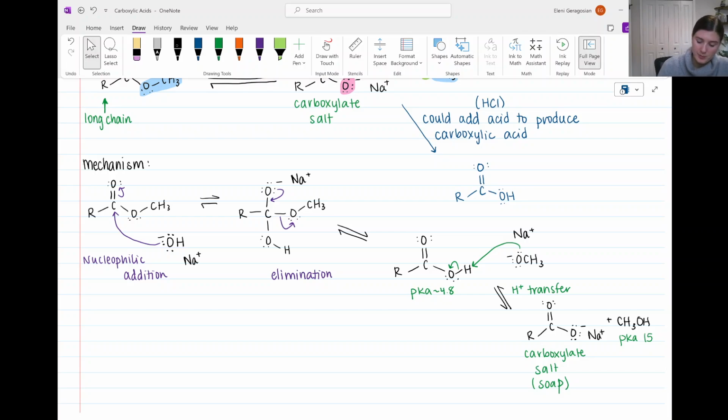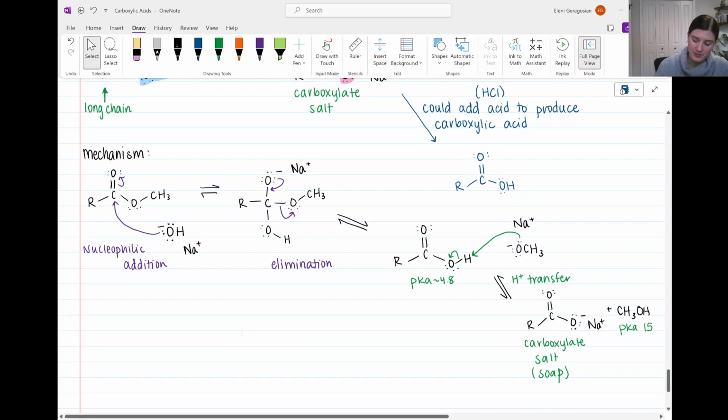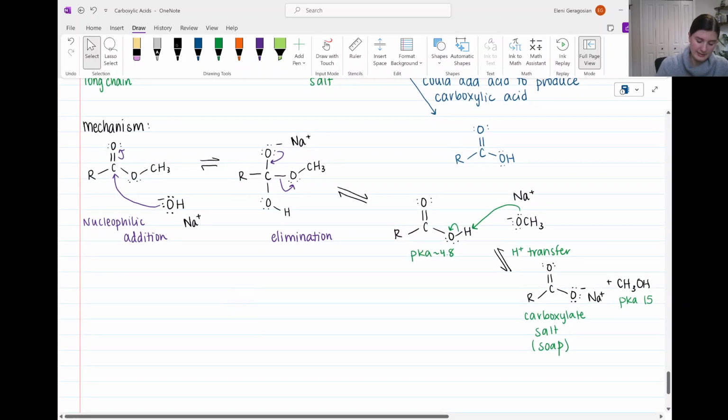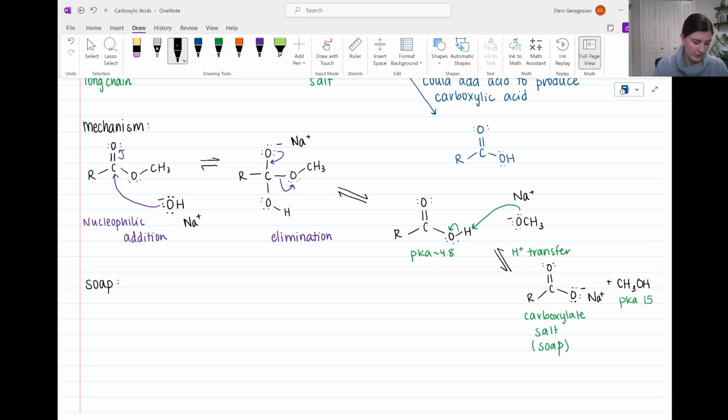Now here's a real example of the carboxylate salt as a soap, something that you might see present in the ingredients list of your soap. And of course, we have the carboxylate salt part of the molecule.